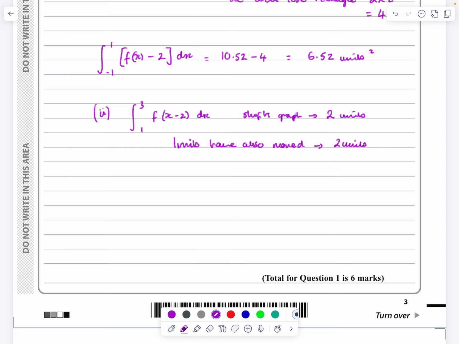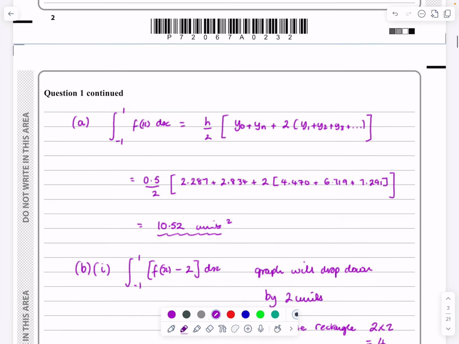So this integral is going to be the identical area, so it's going to be the same value there. I've given a lot more information than you need to, because I'm explaining it to you guys as well as explaining it to everybody else, but those would be the 2 answers. So units squared. Yeah, those would be the 2 answers for those.